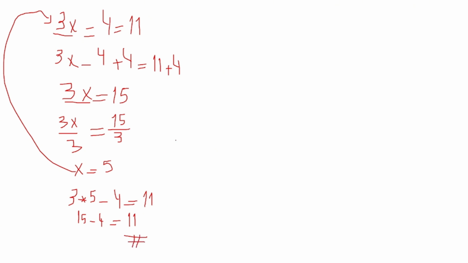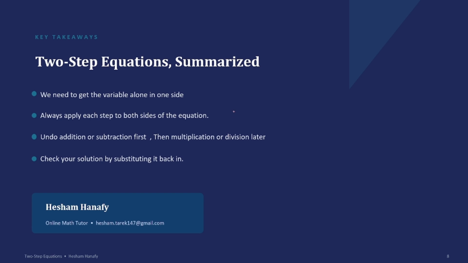Okay, guys. So let's summarize what we have done today. Today the topic was two-step equations, and here are the four most important points you always need to remember. Our goal is always to make the variable alone on one side. Second, whatever you are doing to one side of the equation, you need to apply to the other side of the equation.